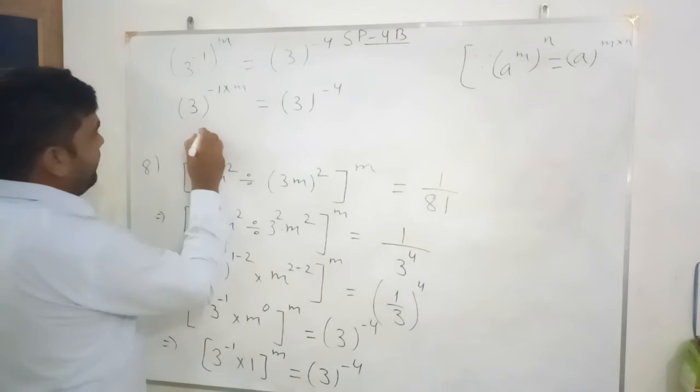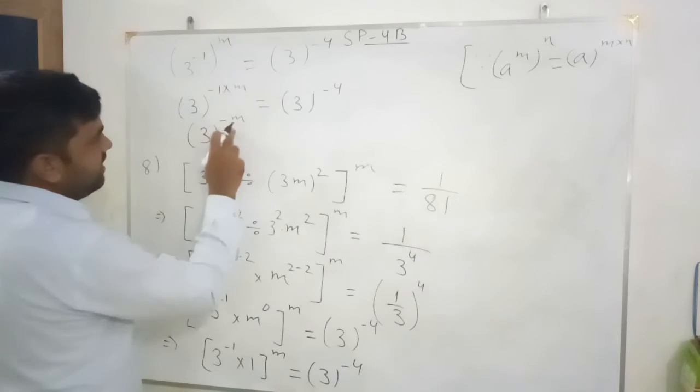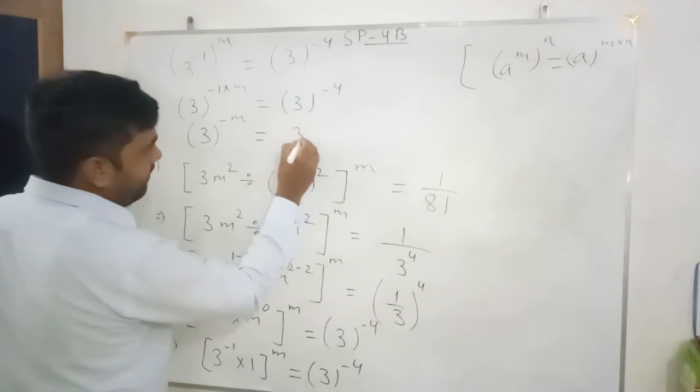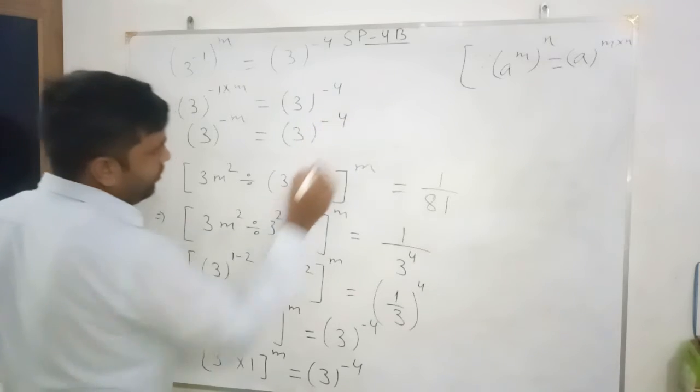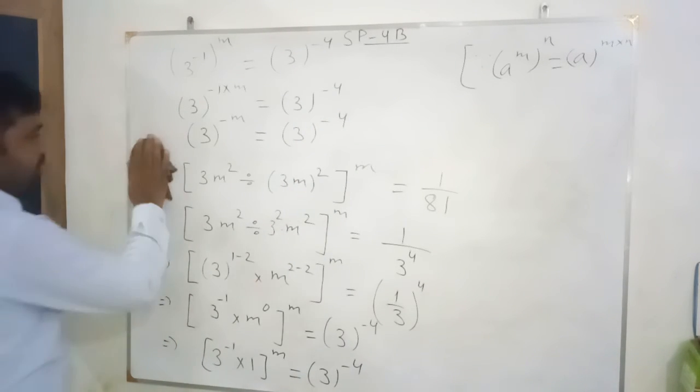Now here we got 3 to the power minus 1 into m, which means minus m, equals 3 to the power minus 4. Now we compare the exponents.